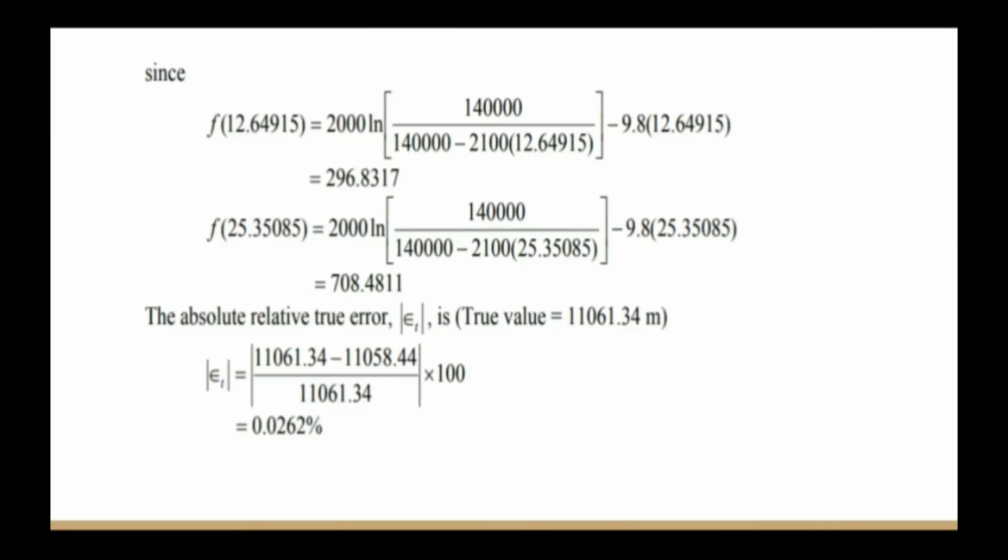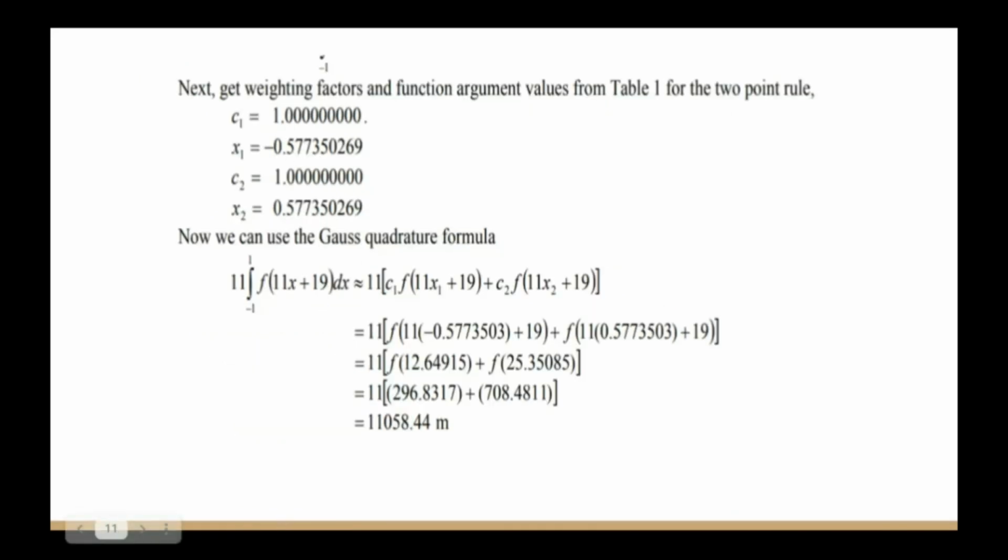Remember our value earlier, x is equal to 2,000 ln of 140,000 over 140,000 minus 2,100 t, minus 9.8 t. Our t is 12.64915 and 25.35085.